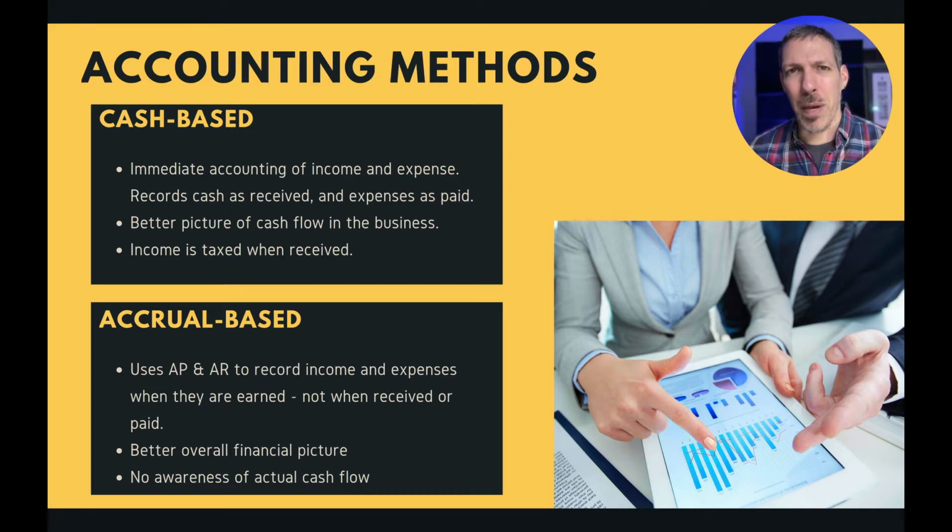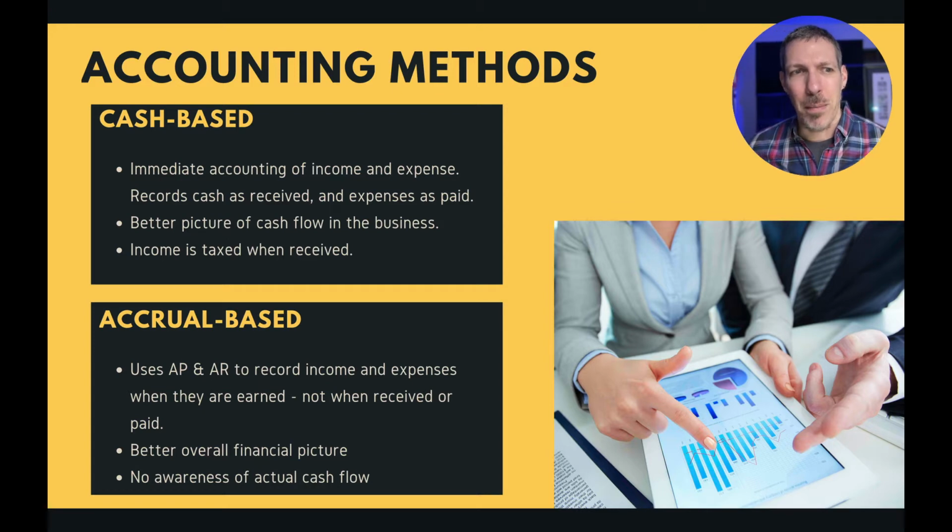So in the accrual-based method, if you do some work for a customer and you invoice them today, it counts that income today. Whereas in a cash-based accounting method, that income wouldn't be counted until you actually receive payment on that invoice from your customer.